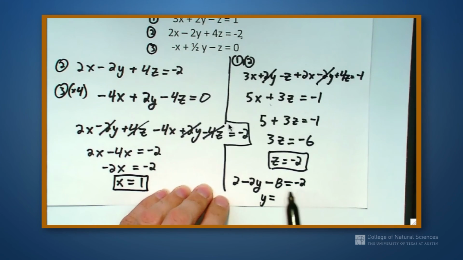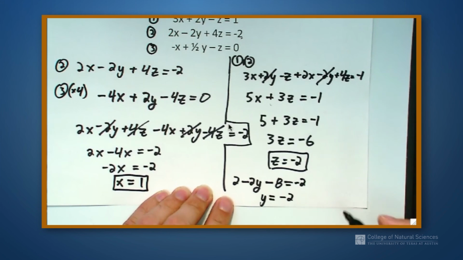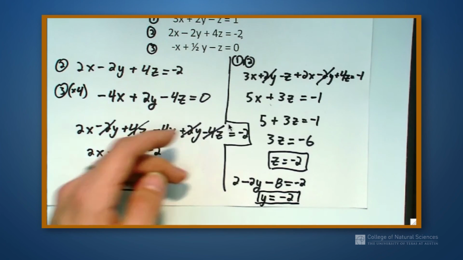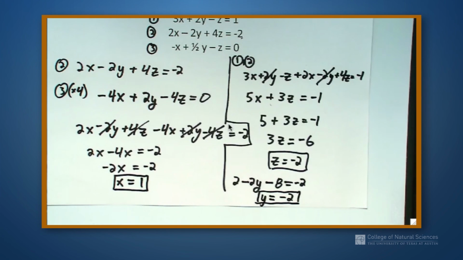The 8 will move over to the other side, the 2 will move over to the other side, so I got minus 4 plus 8 is plus 4, y is going to be minus 2. And we can go ahead and do a check on the other equations if you would like, but you'll find out that x equals 1, y equals negative 2, and z equals negative 2 solve all three of these equations.